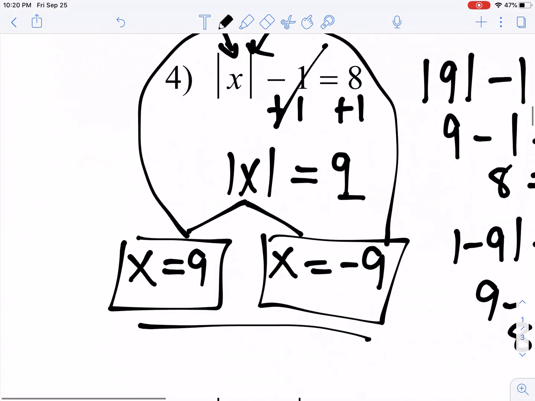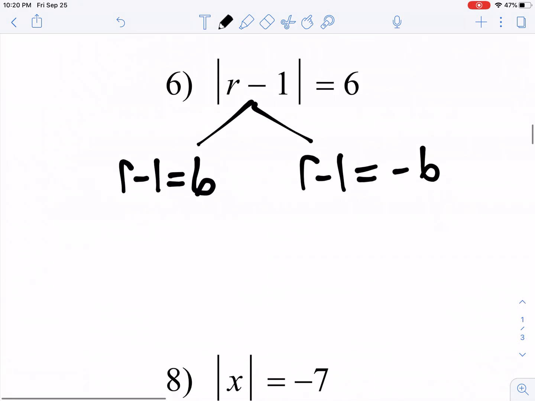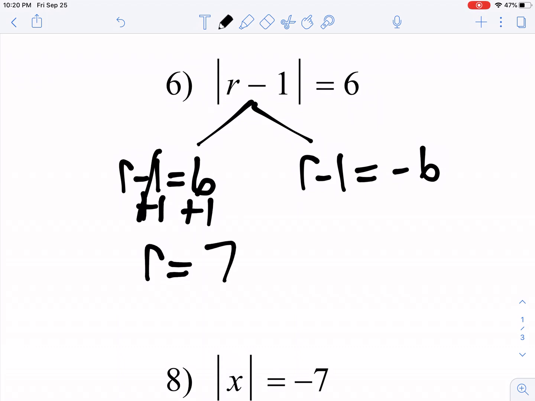Now that step really takes a role here, and we're going to add 1, because this is a one-step equation, to solve for r, okay? So we're solving these one-step equations to get r by itself. Well, the inverses cancel, and I get r equals, what's 6 plus 1? 7, okay? And then we'd have to do the same thing here. We have r minus 1 equals a negative 6.